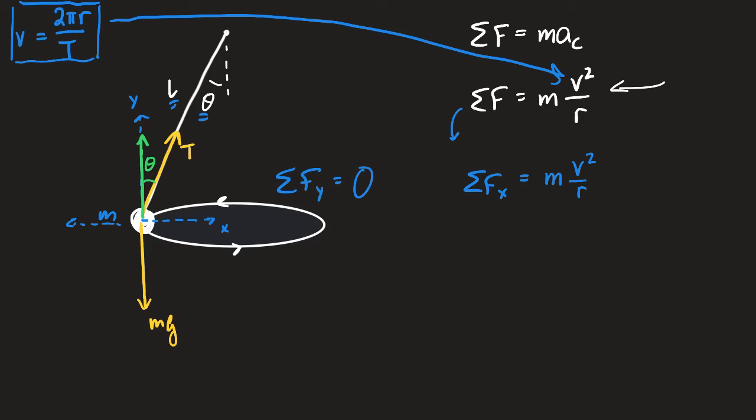I know that because I remember freshman year geometry, which I believe might have been my 8th grade year, but it's hard to remember. It's a long time ago. But there's that thing called alternate interior angles, of which theta is. That lets me know that this is actually going to be T cosine theta. So for this question, I have T cosine theta upwards and mg downwards, and they have to sum to be equal to 0.